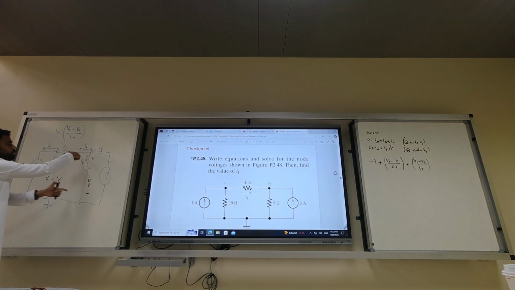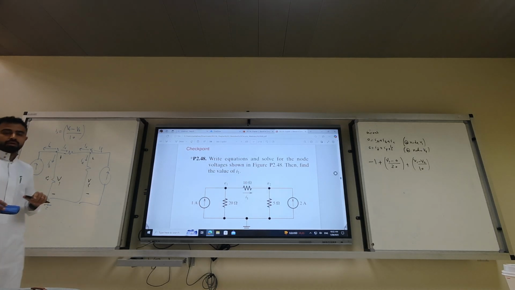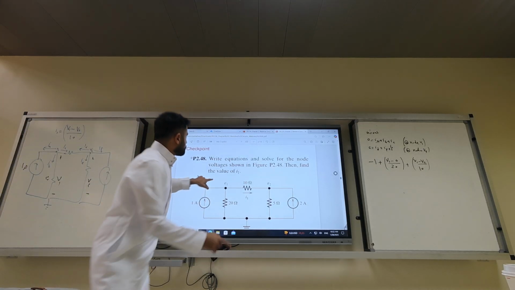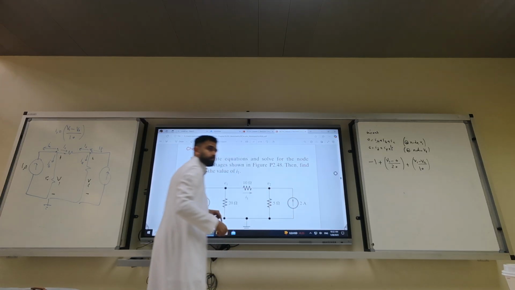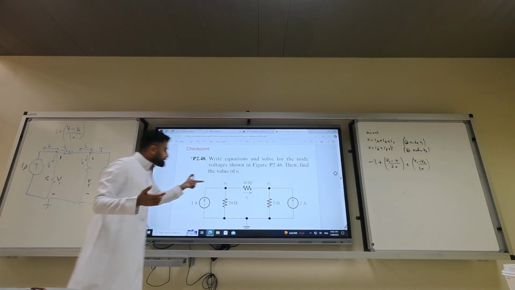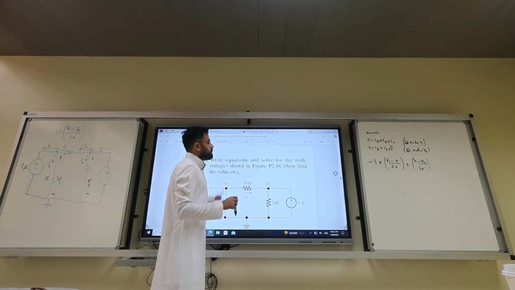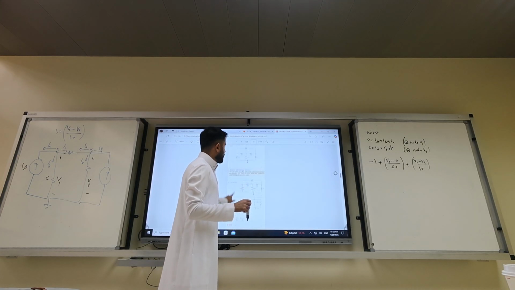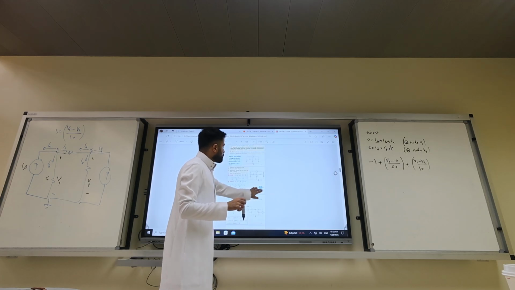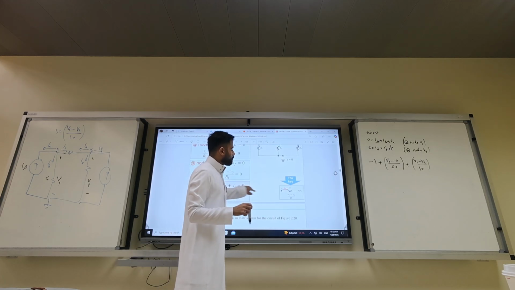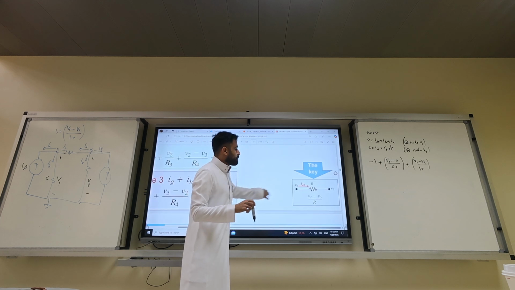You only put the signs over the nodes only, meaning only V1 and V2. Because we already know it's leaving, so this voltage minus this voltage over the resistance. Remember guys, always remember this equation. I want you to put this as the wallpaper of your phone, okay? Remember this equation?